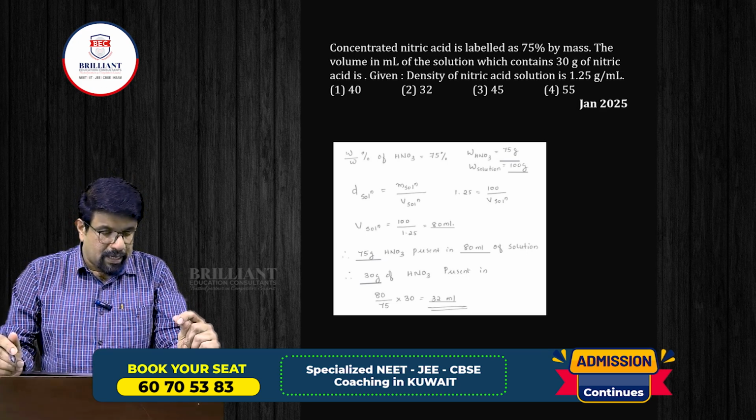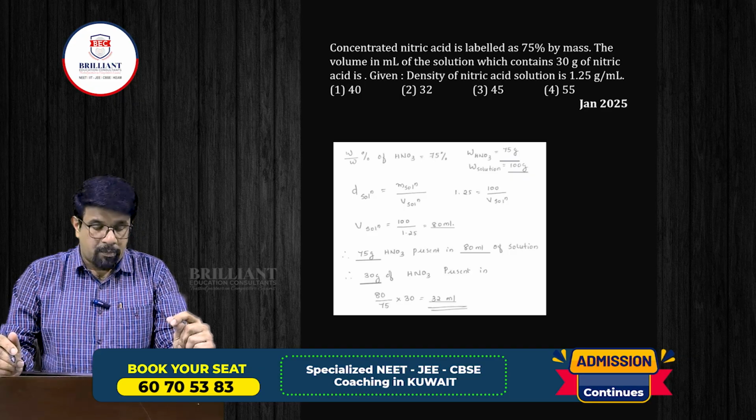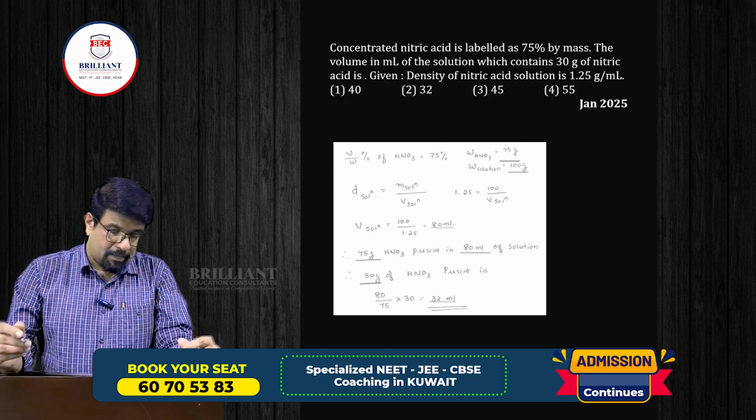The volume in ml of the solution which contains 30 gram of nitric acid is? Given density of the nitric acid solution is 1.25 gram per ml. This is a January 2025 JEE question. Here you can see the weight by weight percentage, or mass by mass percentage, is given as 75%.